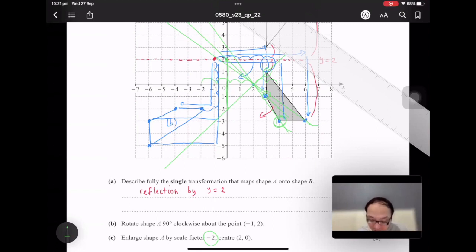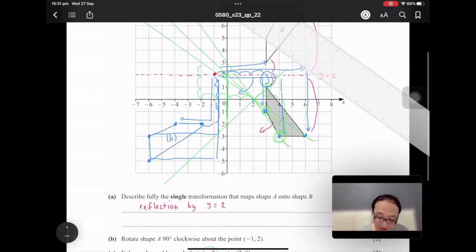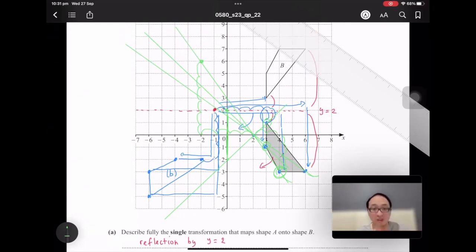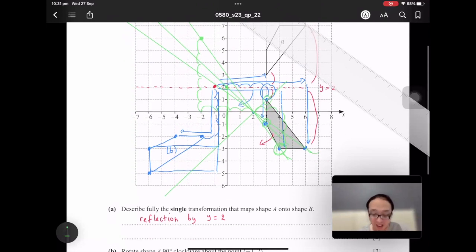And from this, 3 downwards, so the opposite is 6 upward, 1, 2, 3, 4, 5, 6. So it will be this. It should meet the line.